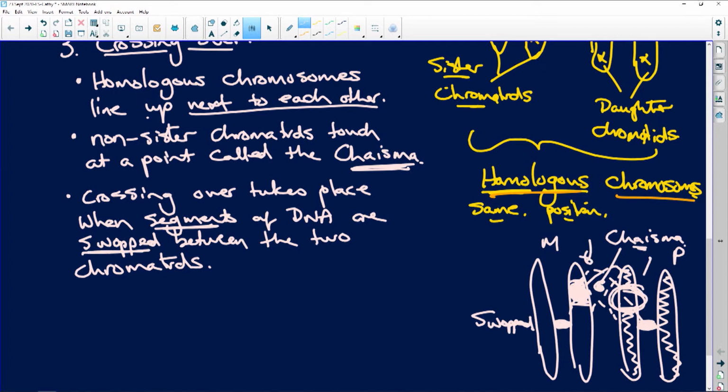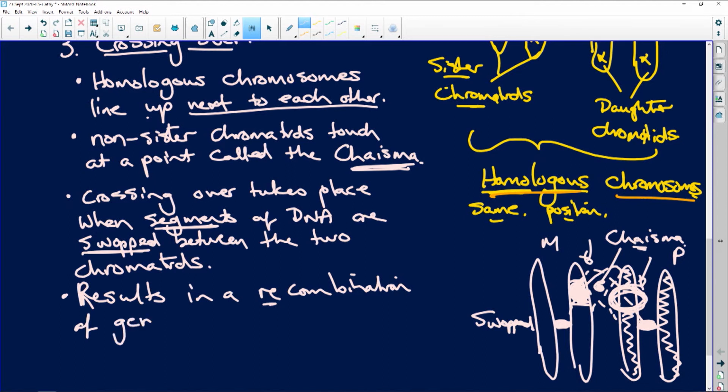So there and there, all right? And that results in a recombination, okay? Recombination, this one's got a piece of the maternal, so again combining of genetic information or genetic material.